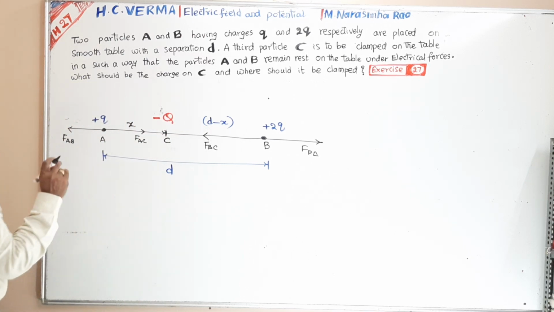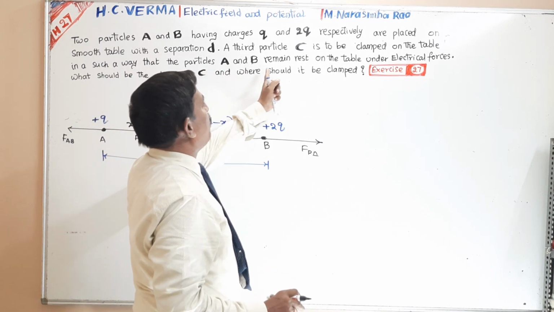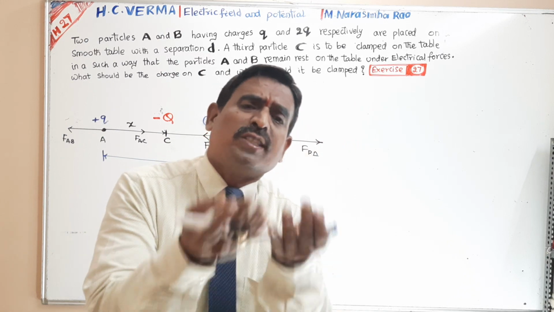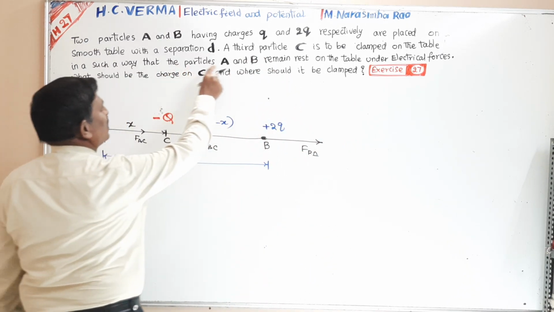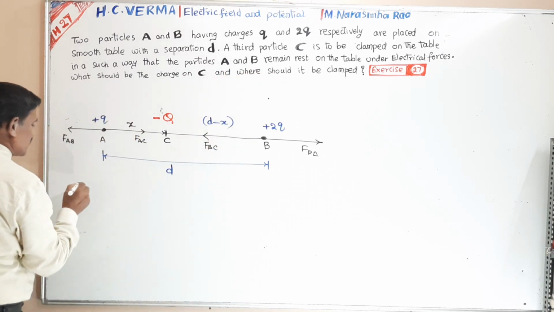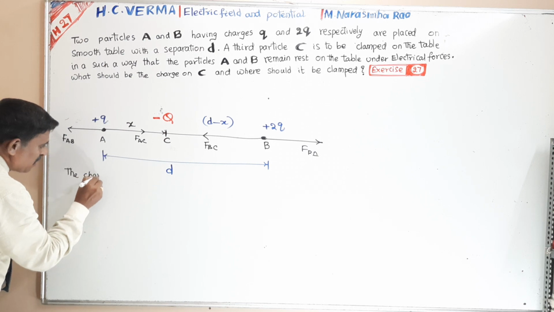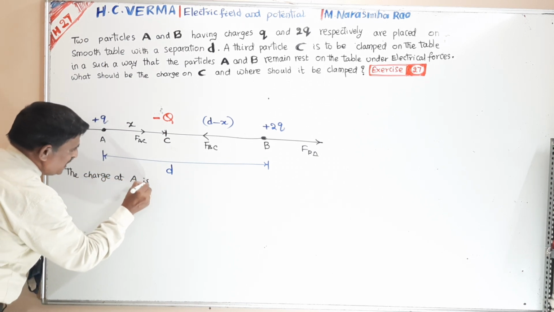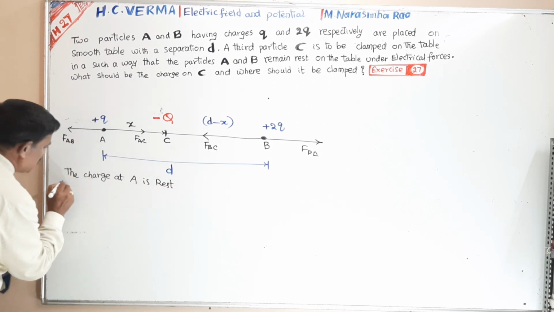Now, here they told very clearly that the particles A and B remain at rest. Remain at rest means the net force on that particle is 0. The charge at A is in the rest position.